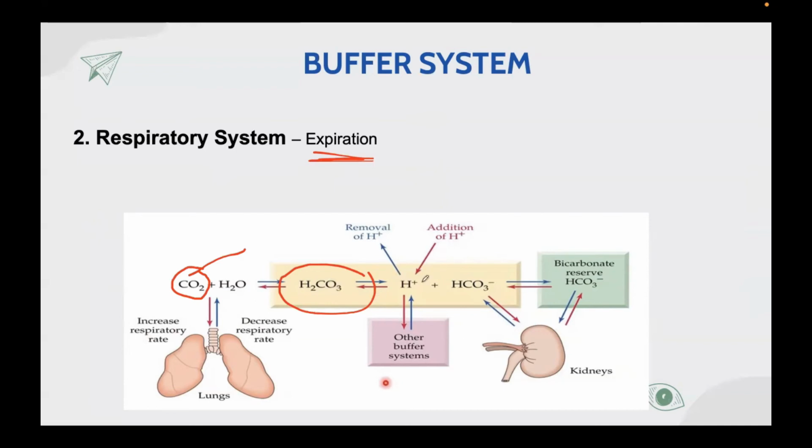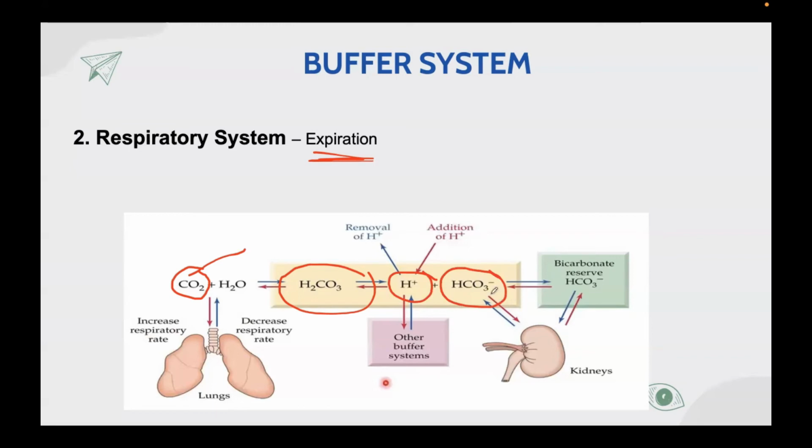And then, kailangan matanggal ang kanyang hydrogen ion. Kasi hindi nga maganda si hydrogen ion sa katawan. So, upon dissociation or your ionization, mawawala yung hydrogen ion dyan. Magiging bicarbonate ion na lang siya, or your HCO3, bicarb ion.